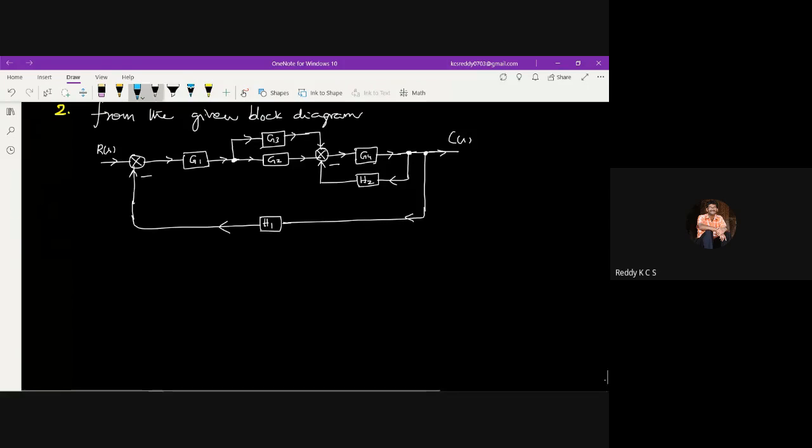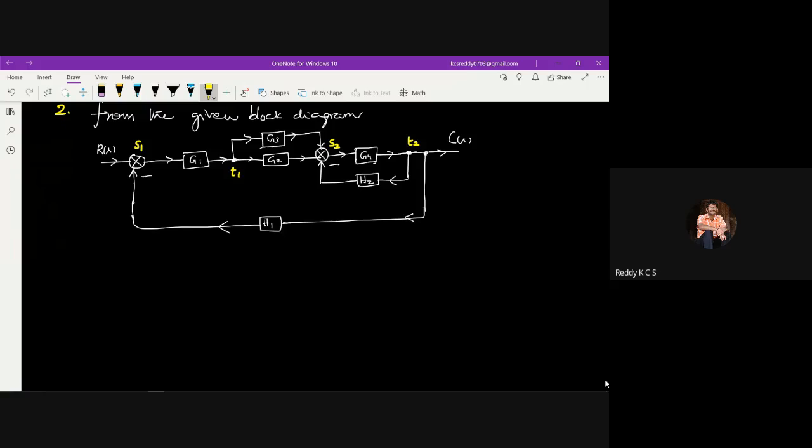So this is summing point 1, then takeoff point 1, then summing point 2, and then takeoff point 2. Of course these two are the same, so I can represent only one takeoff point here. These are all taken as nodes in the representation.